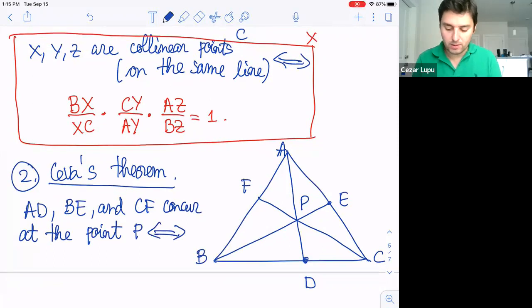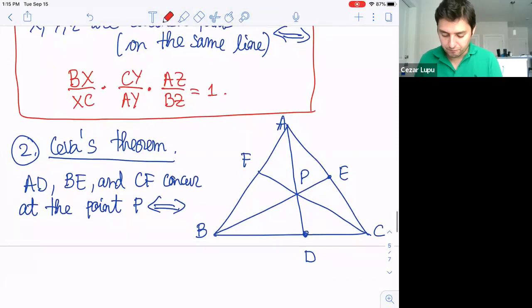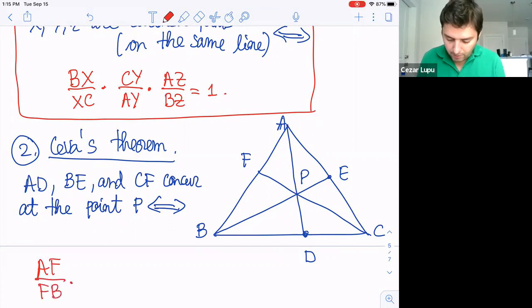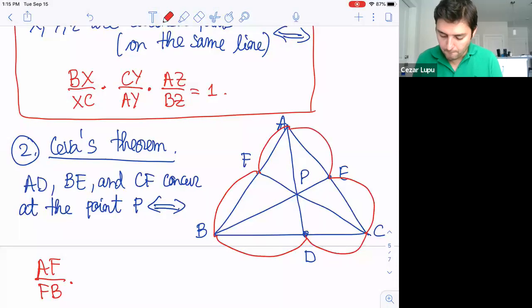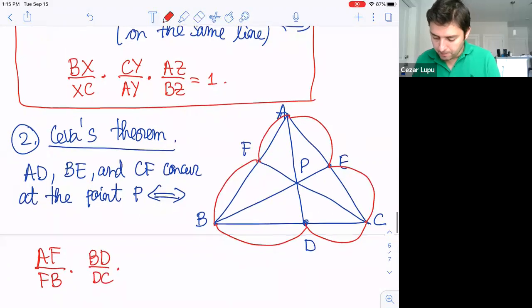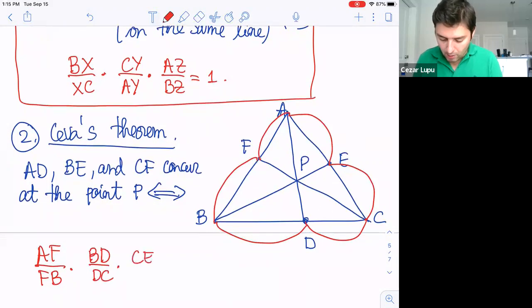Well, as you can imagine, if and only if AF over FB times, now I'm looking at this segment here, then I'm going here, and then here, times BD over DC times CE over AE.